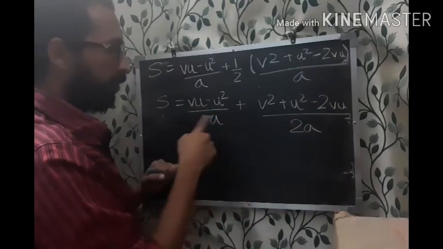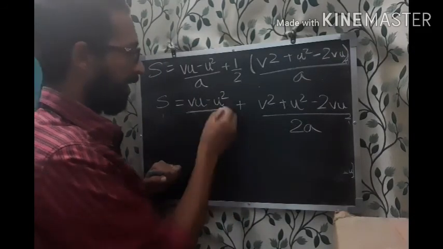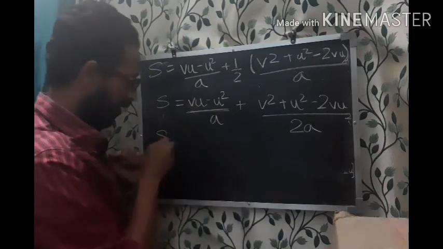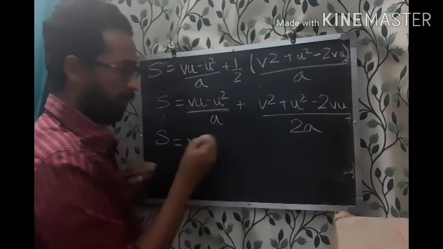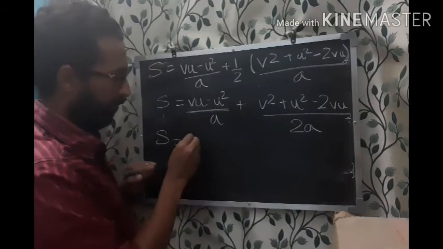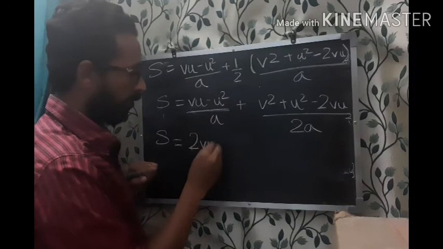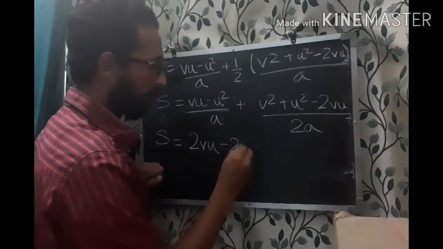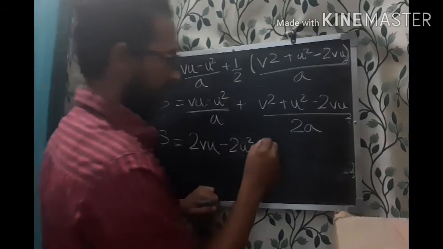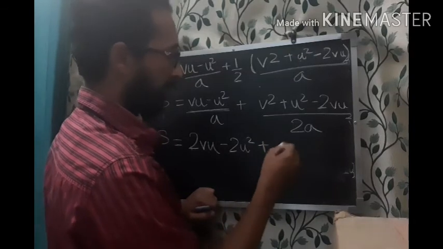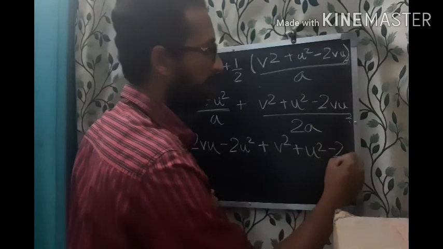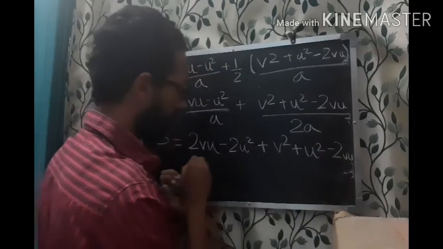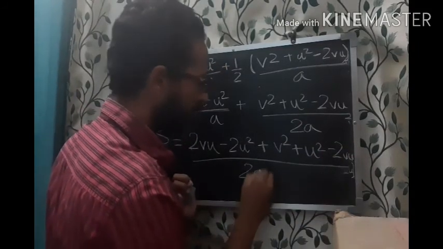Now to convert this, I will take the LCM first. For the LCM, 2vu minus 2u square plus v square plus u square minus 2vu, upon 2a.